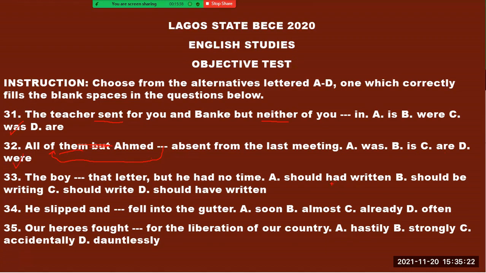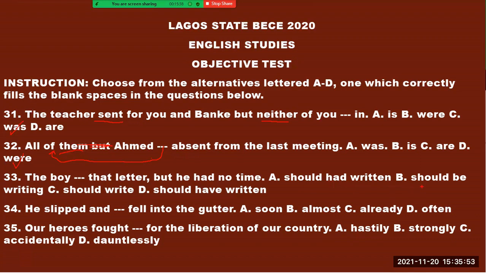Whenever you have a modal verb coming before a main verb in a verbal phrase, then the verb that follows the modal verb must be in the present form. So should have, would have, could have. It's not correct to say should had, no.